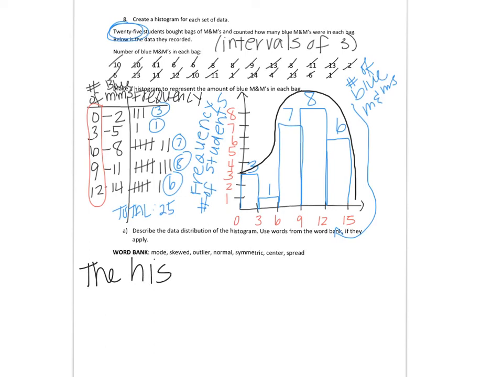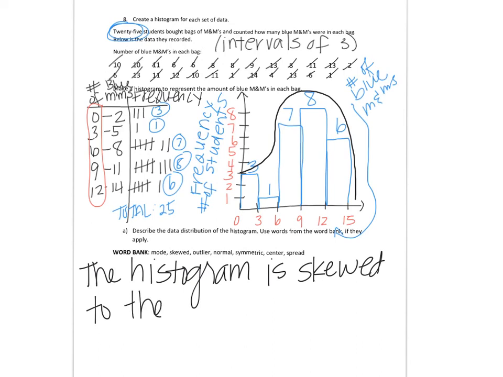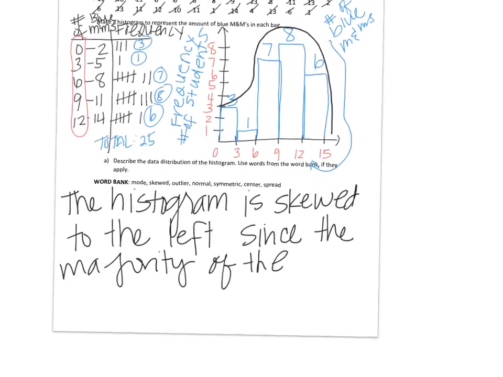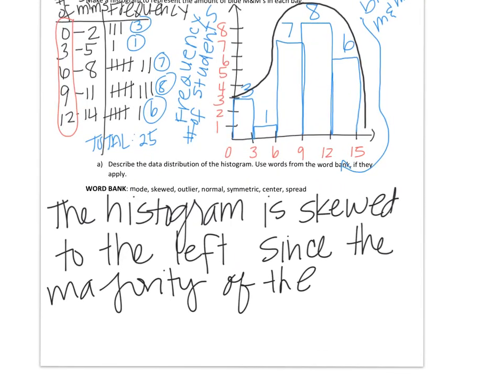The histogram is skewed to the left, since the majority of the data is on the right.